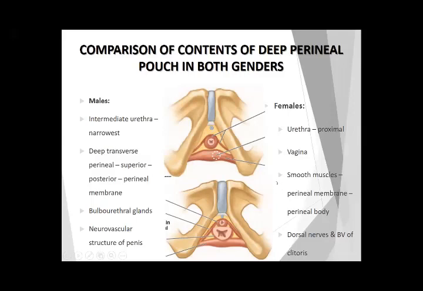In females you have a bunch of smooth muscles, but classically they are not called the deep transverse perineum. And then in males you have the bulbourethral glands. Okay. And then of course you have the neurovascular structures.